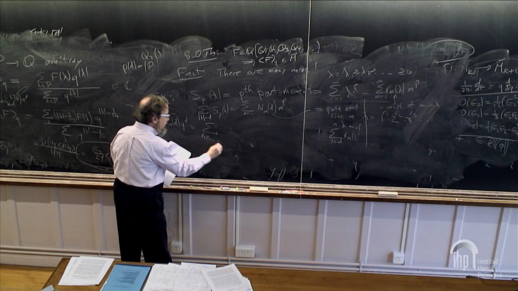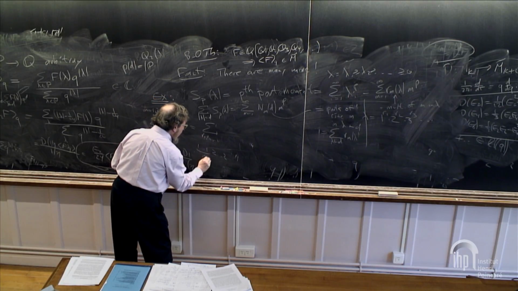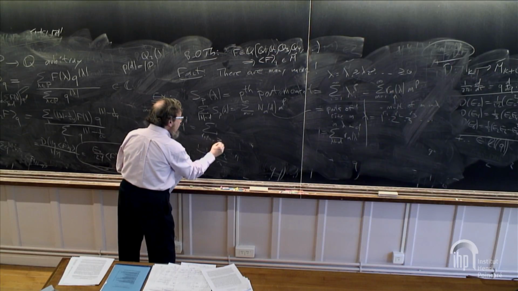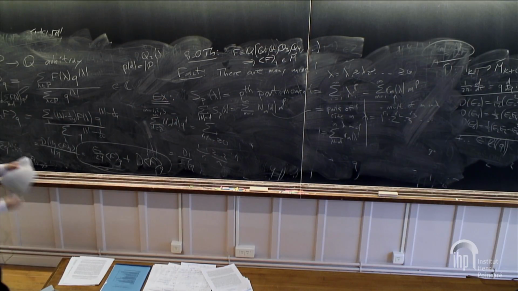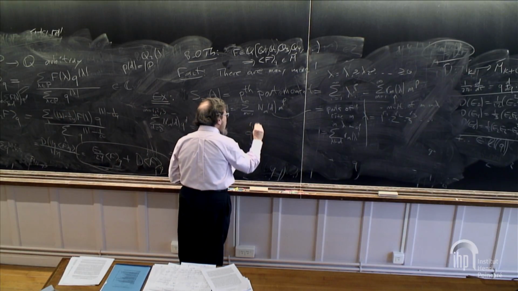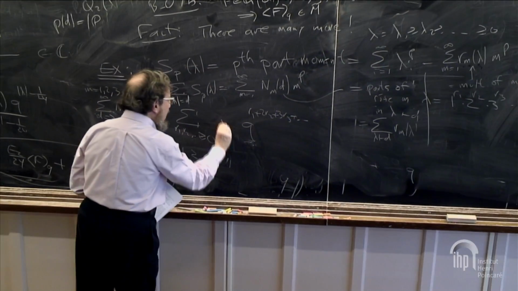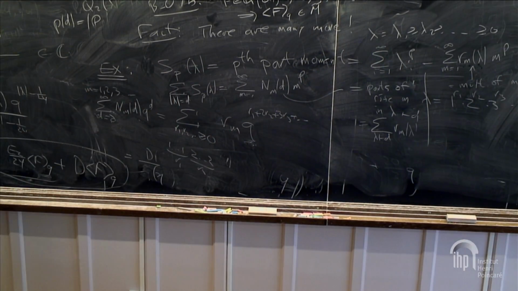That's the number of ones, the number of twos, so the partition is now in increasing rather than decreasing order. It's R_1 ones, R_2 twos. So the R_i's are just arbitrary integers, only finitely many are non-zero. And then the size of the partition is R_1 plus 2R_2 plus 3R_3, and so on. But how many times am I counting? I'm counting it R_m times. So the multiplicity here is this R_m.